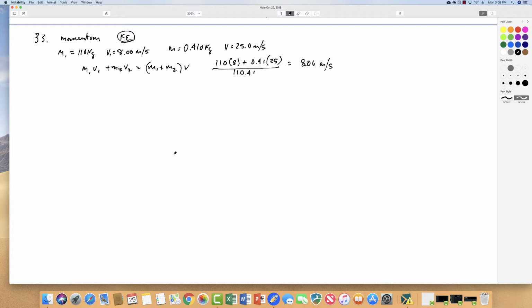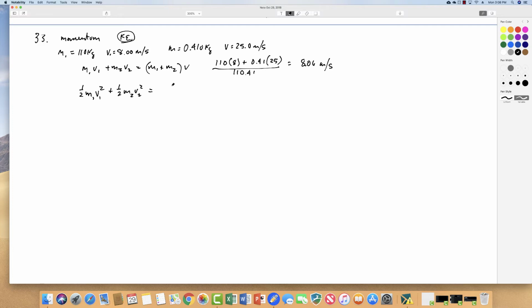Now, the next part of the problem, it says calculate the loss of kinetic energy. So you start out the before collision, the kinetic energy of the player is here, and the kinetic energy of the ball is 1/2 m2 v2 squared, and that's going to give you the kinetic energy of the two.